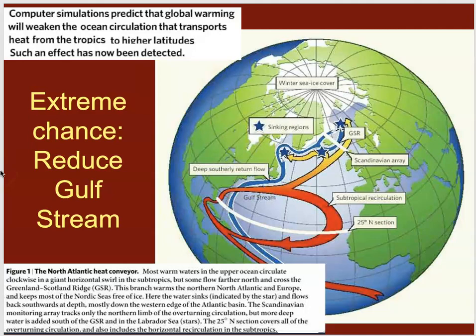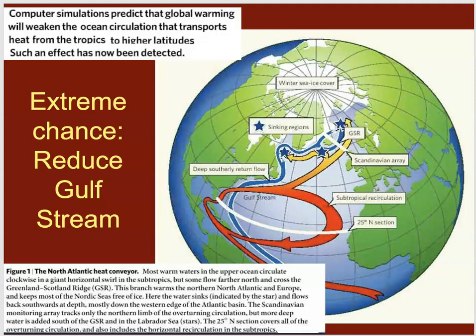A very large scare is going on in the climate change research community. People are very concerned about the North Atlantic circulation of ocean water, which we know as the Gulf Stream, but it really starts with the sinking of water around Greenland that then goes through the subsurface, reemerges, and then becomes the Gulf Stream.